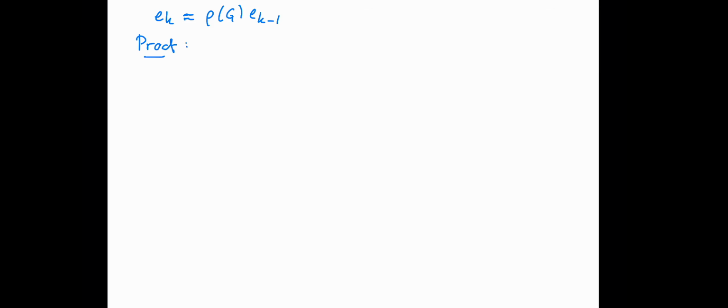To prove this, I am going to make an assumption that makes the proof more convenient. It is not necessary, but it makes the proof a lot easier to understand if we assume that G has n independent eigenvectors. So G is n times n, and basically we say there is a basis of eigenvectors.